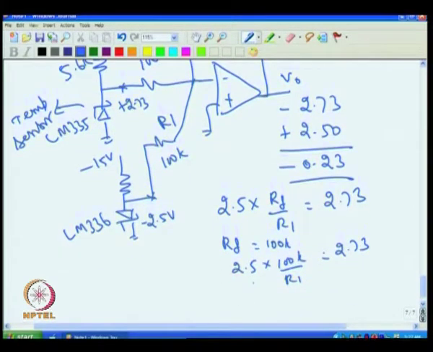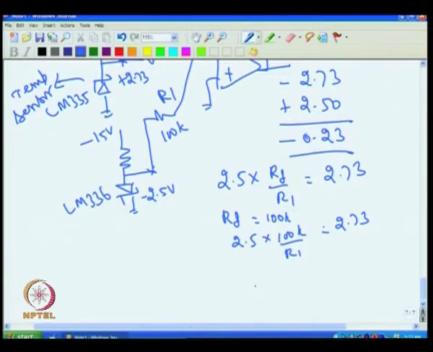So, R1 is 2.5 into 100 K divided by 2.73. You will find that R1 will be little less than 100 K, because this gain is little more than 1. Maybe 82 K, calculate and see.